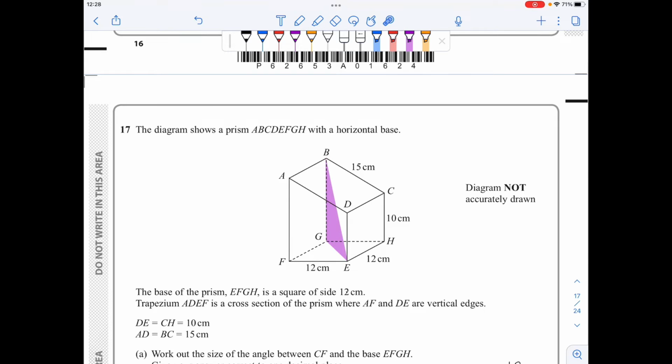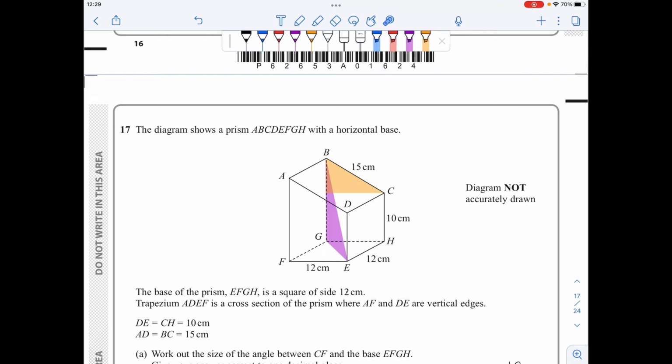Now I know the base of this triangle, that's 12 square root of 2, but I don't know the height. The height is 10 plus some extra, so I'll need this triangle. Let's shade this as well. So using the orange triangle, I'll find this extra height, and then I'll be able to find the side BE.